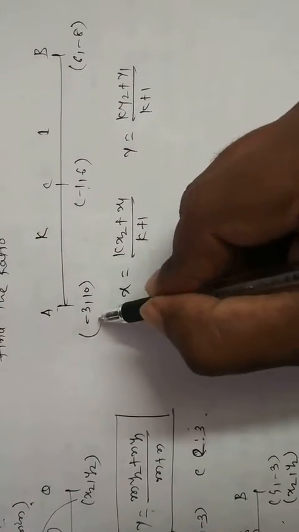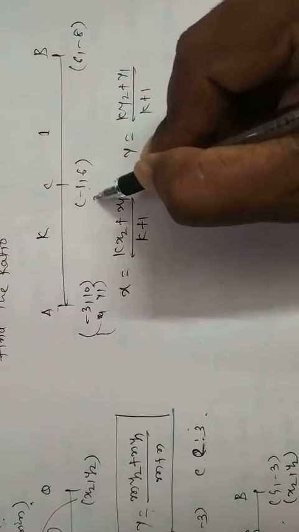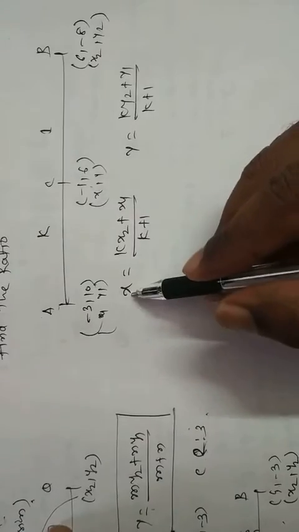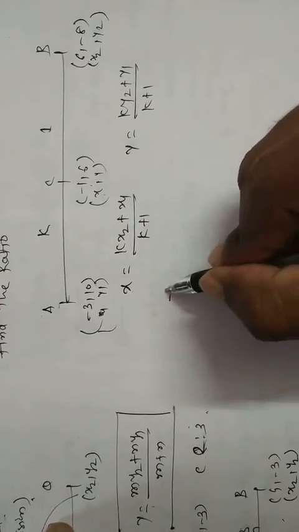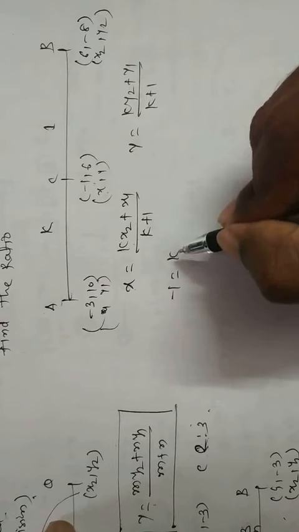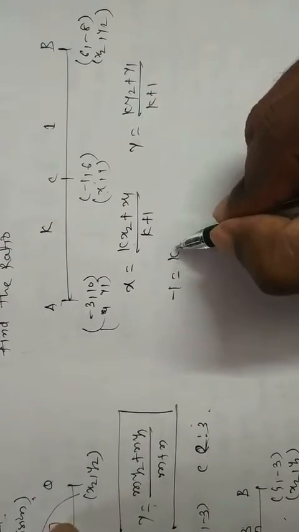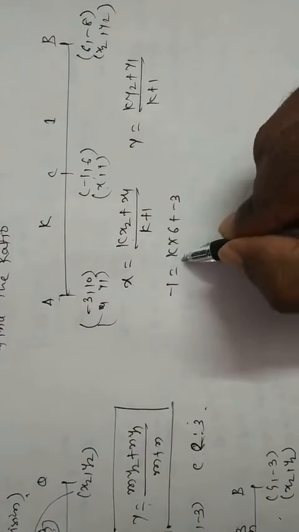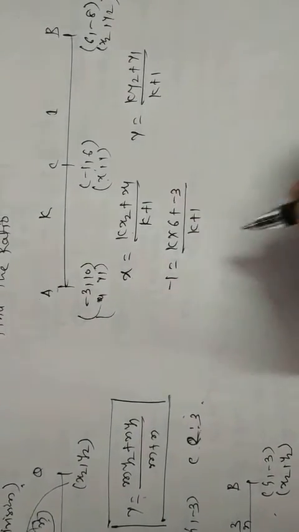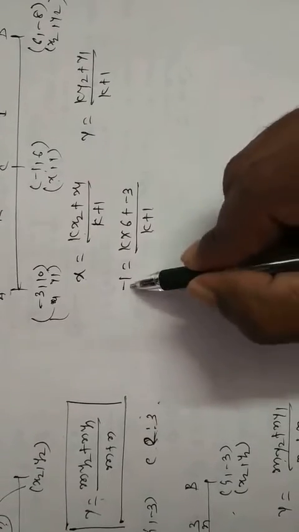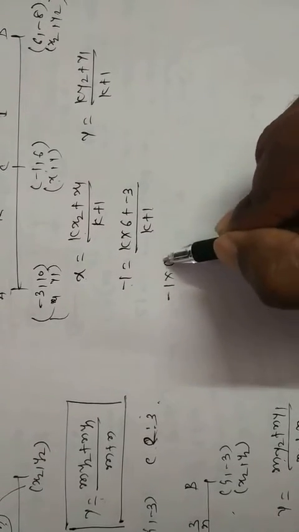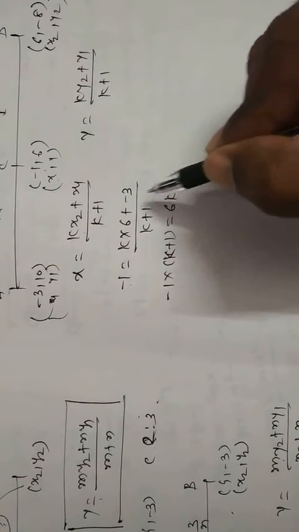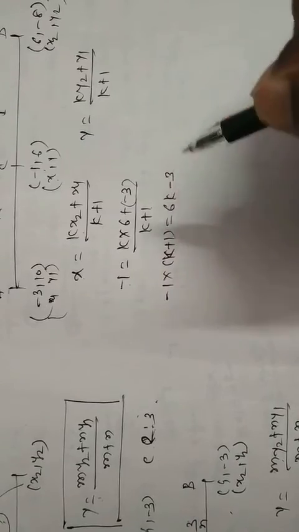Just check it. This is x1, y1, this is x, y, this is x2, y2. Using this form, find x. The value of x is -1. We want to find k. x2 is 6 plus x1, x1 is -3, upon k plus 1. Solve this: -1 into (k + 1) is equal to 6k plus -3.